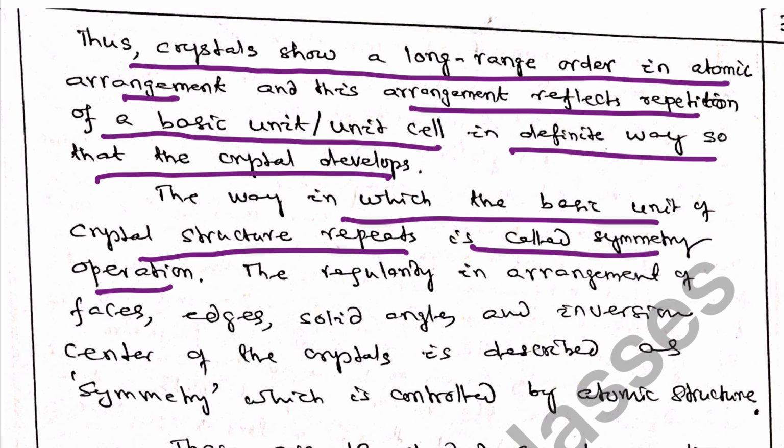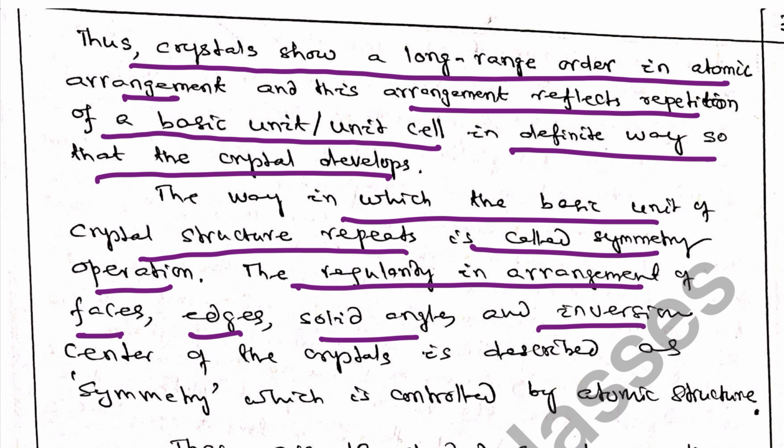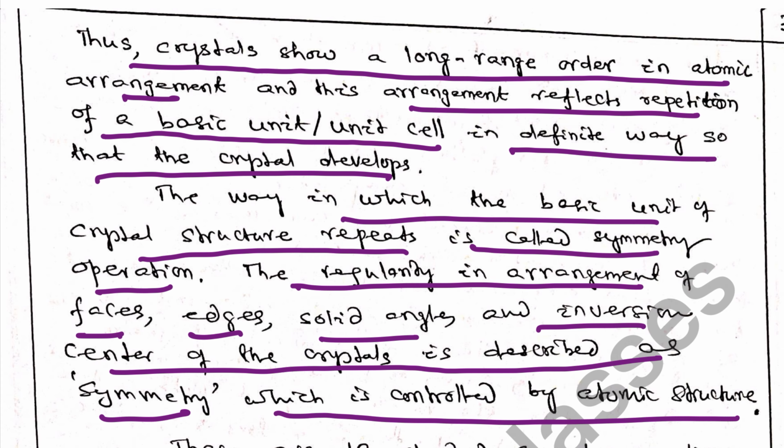So by a particular symmetry operation, these unit cells repeat. The regularity in arrangement of faces, edges, solid angles and inversion center of the crystals is described as the symmetry of the crystal, which is controlled by the atomic structure of the crystal concerned.